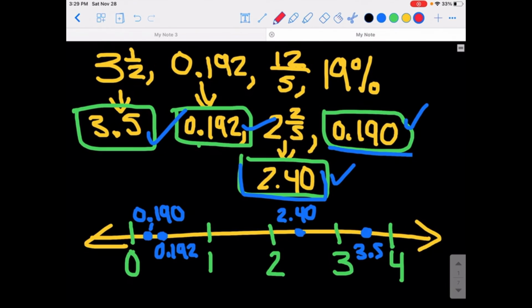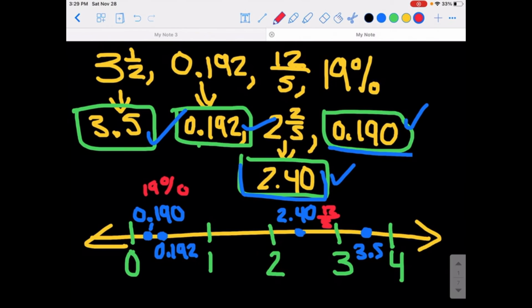Also, when you're writing on the graph, instead of writing the new numbers, for instance instead of writing 0.190, you could also just write 19%, and then this one would just be the same. For 2.40, you could also write 12/5.